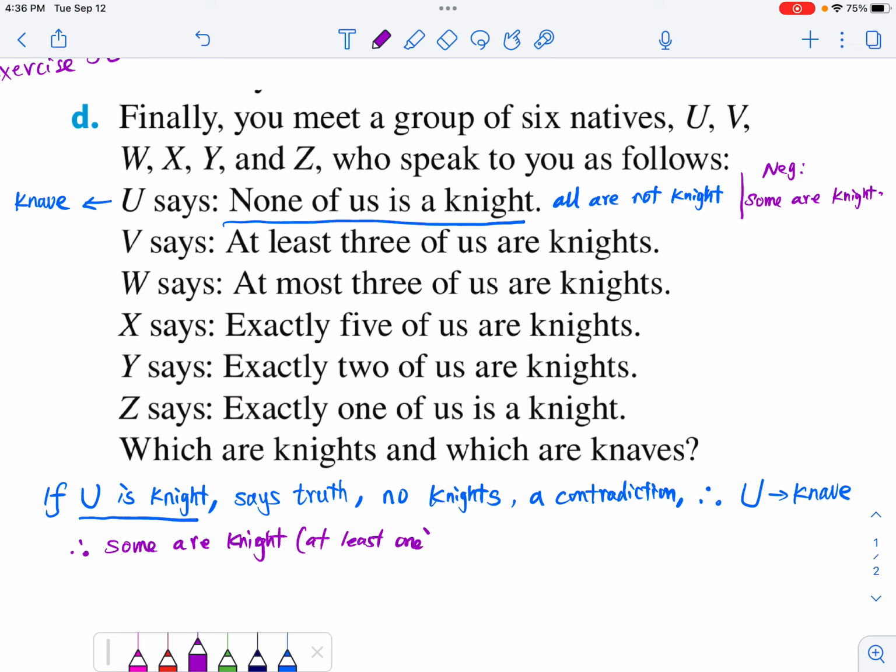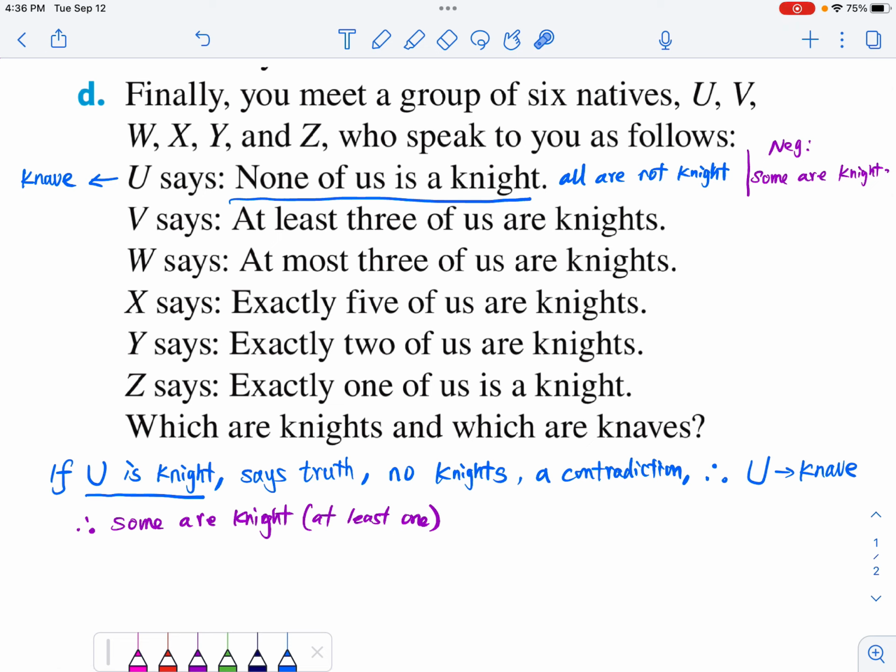At least one is a knight. Now you can skim through and see which statement is easiest for you to continue the problem. I encourage you to pause the video and think about it before you resume. Here, I'm going to take a look at what Z says.